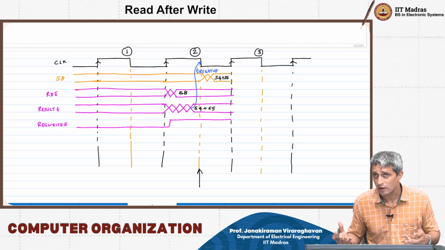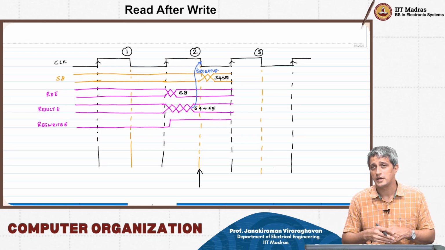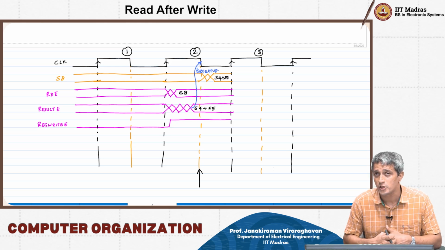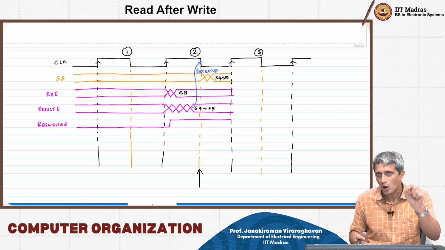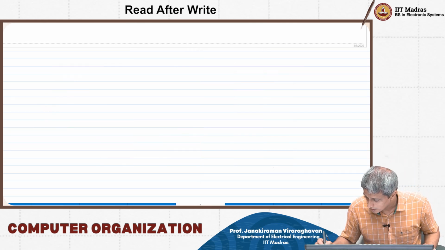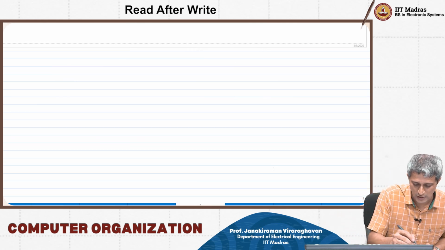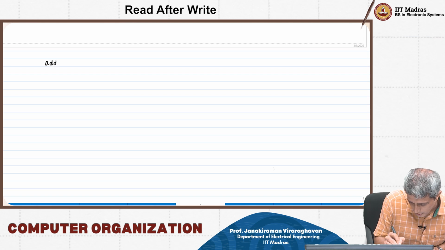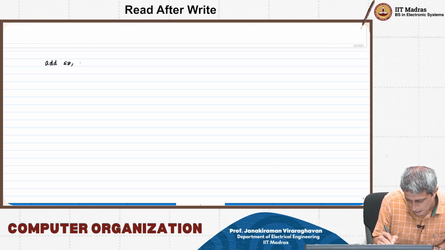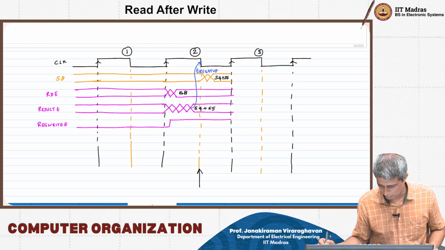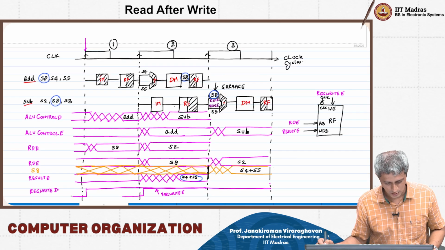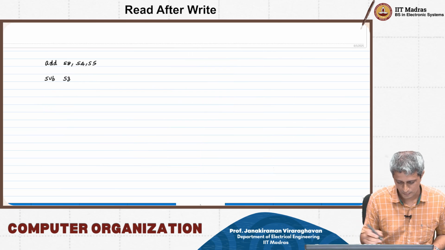Now, why did we get away with all this in the single cycle processor? We never had this problem in the single cycle processor. Remember, in the single cycle processor, the register file still had the clock going to it appropriately. The reason for that is when we had the same two instructions, S8, S4, S5, then subtract, S2, S8, S3, sorry.